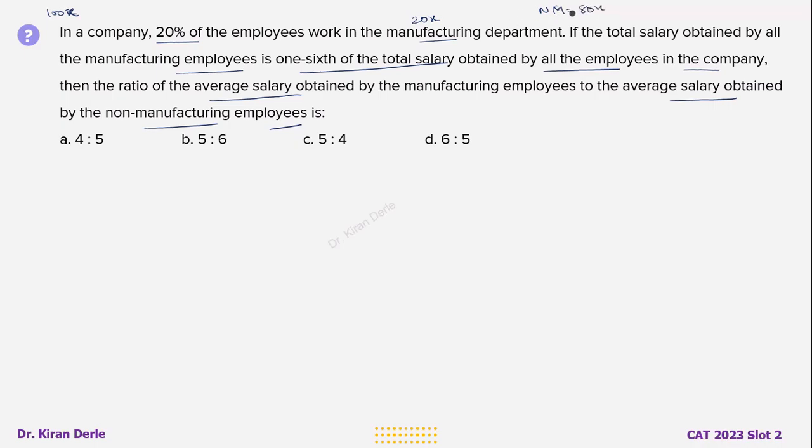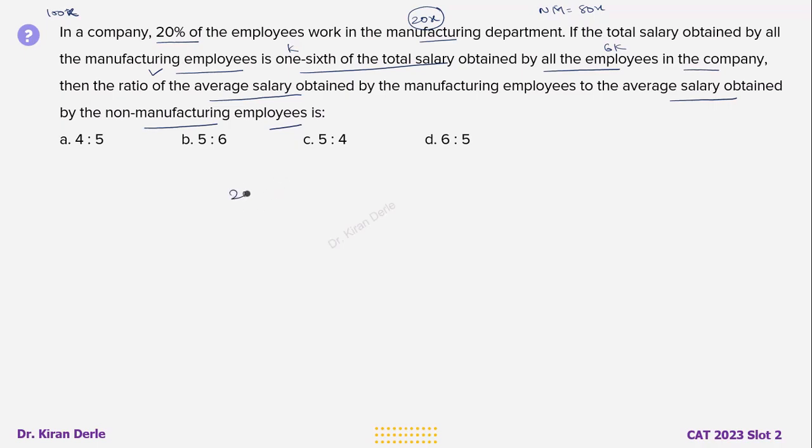Fine. These are the number of employees we have considered. If the total salary obtained by all manufacturing employees is 1/6 of the total salary of all employees in the company, let's say the total salary is 6k, then it is 1/6, so k will be the total salary obtained by manufacturing employees.